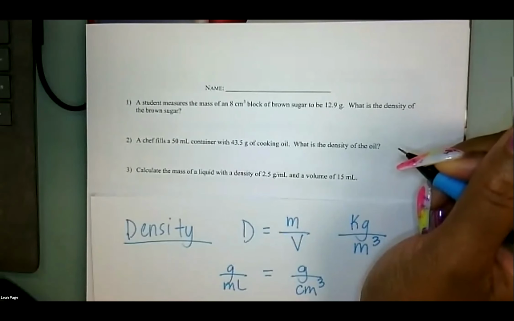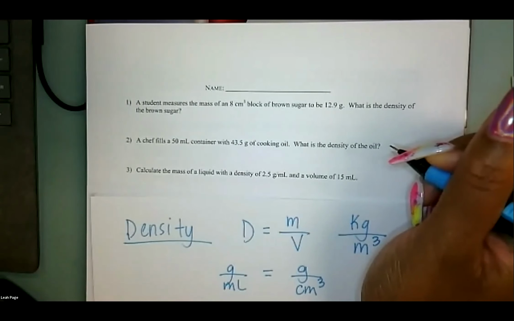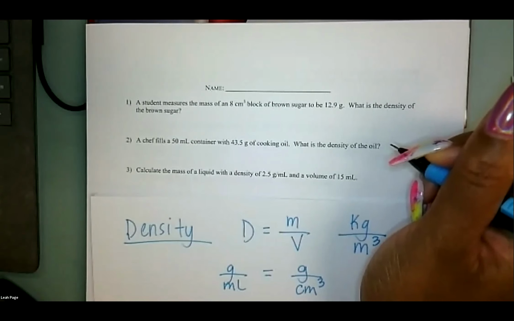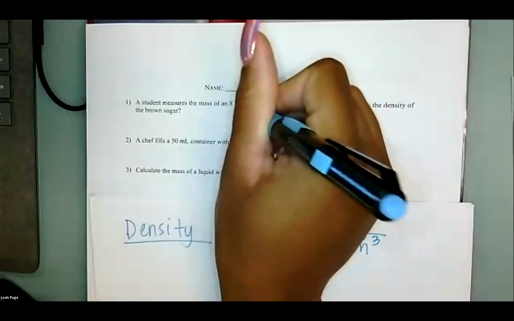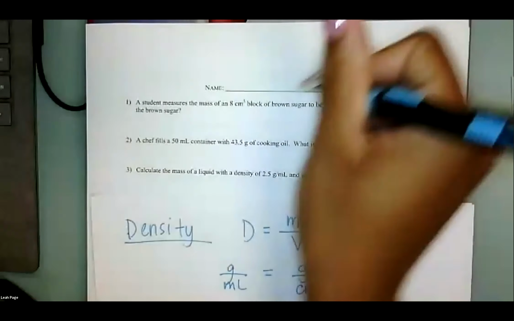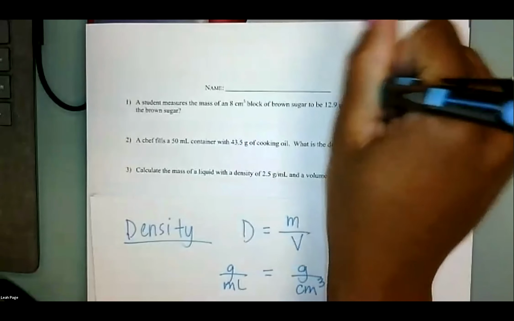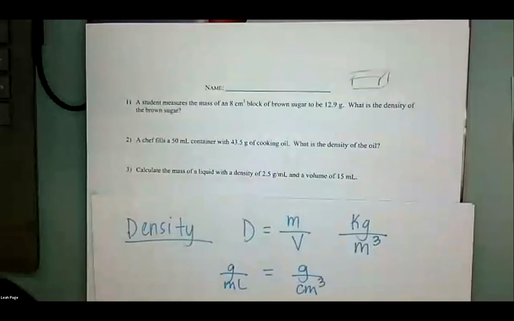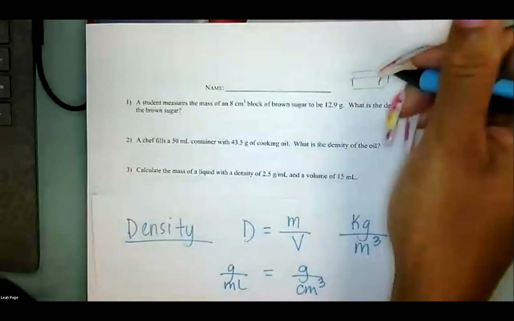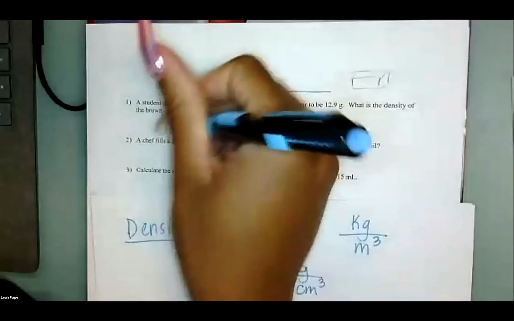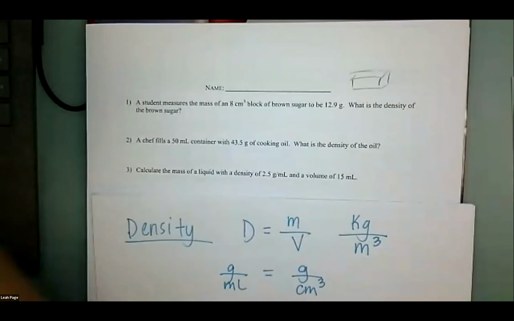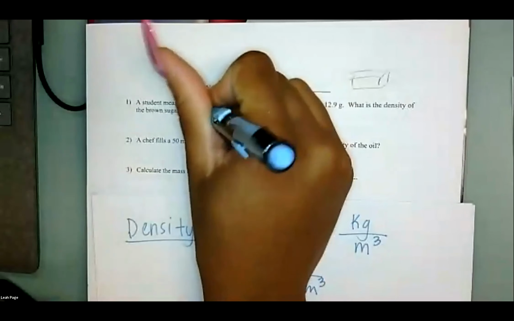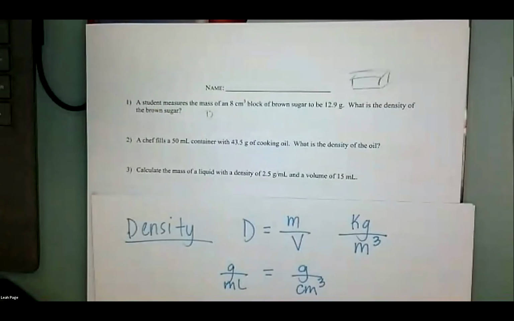What is the density of the brown sugar? So we're given a block of brown sugar. The volume of this block is 8 centimeters cubed, and the mass of it is 12.9.